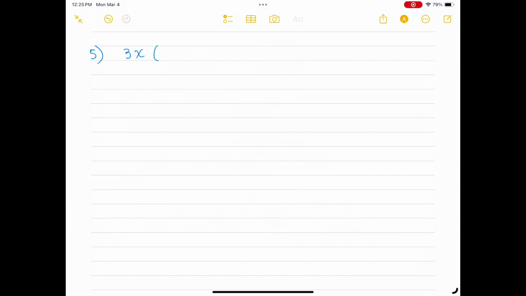Next example, 3x open parentheses 2x squared minus 4x minus 6 close parentheses. Once again, spread out your characters and numbers and symbols when you write out the problem.